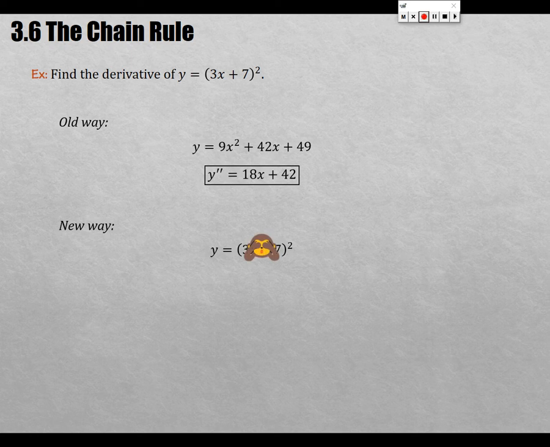Provided, if you just ignored the inside, like what is that for people in the front row? Monkey. Yeah, it's a monkey doing this. All right. So if you ignore what's in the middle there, and you just took the derivative of this as if it was like monkey squared, you'd be like, well, it's just 2 monkey, right?